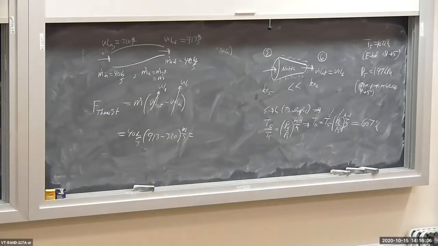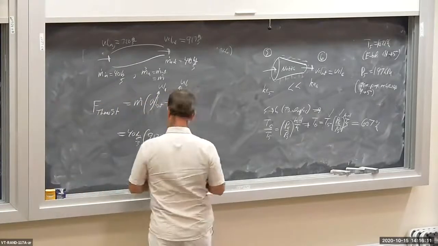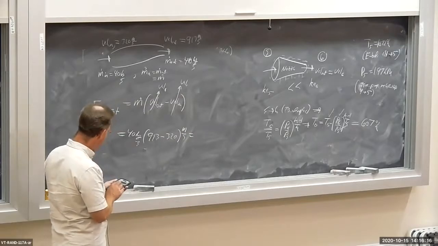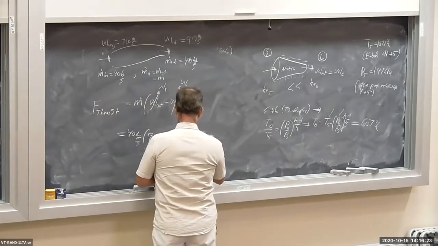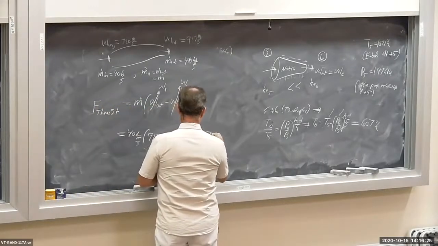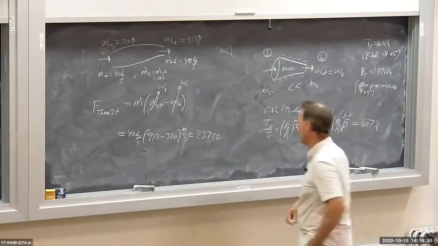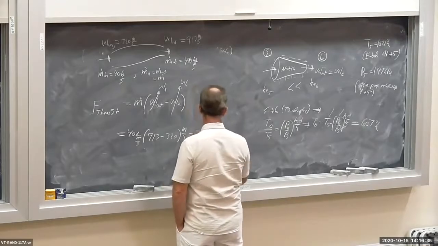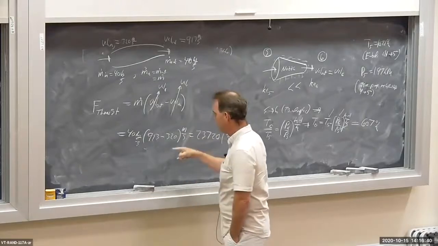And I get a total thrust of 2.37 what? Let's have a look here. Well, let's just crank it out. So 913 minus 320 times 40. And I get 23720. Let's look at the unit on that. So that will be kilogram meter per second squared.